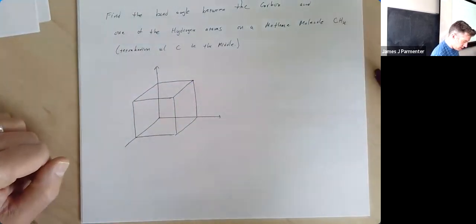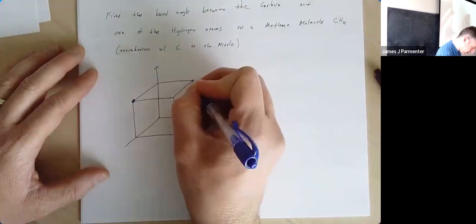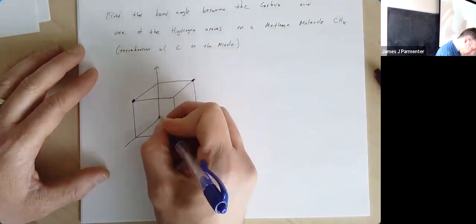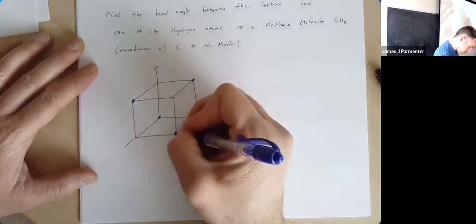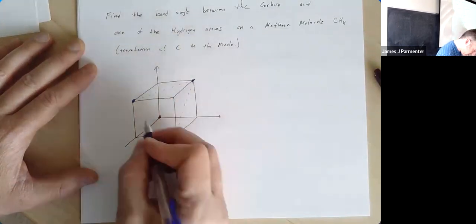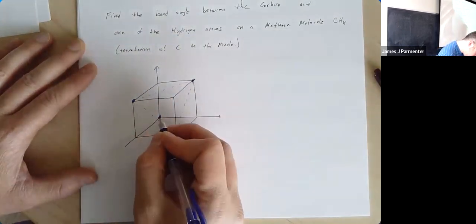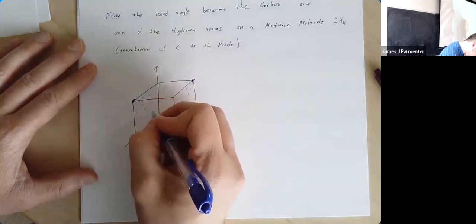And we could put the hydrogen atoms here and here and there and there. And if you connected those up, it does in fact give you a tetrahedron.